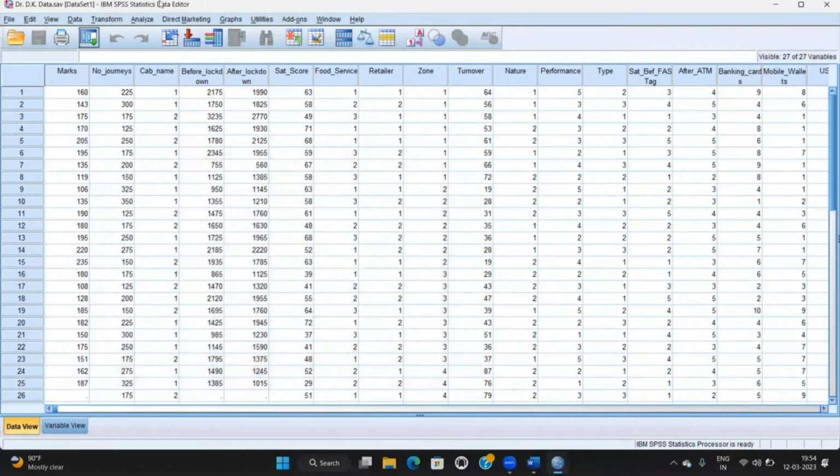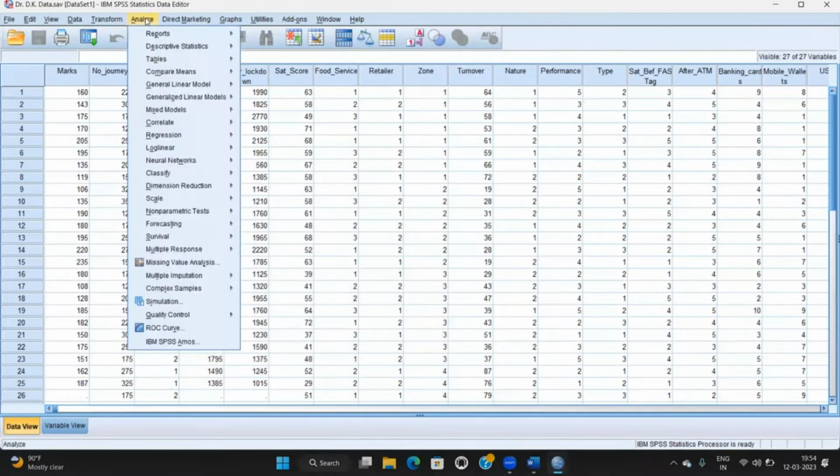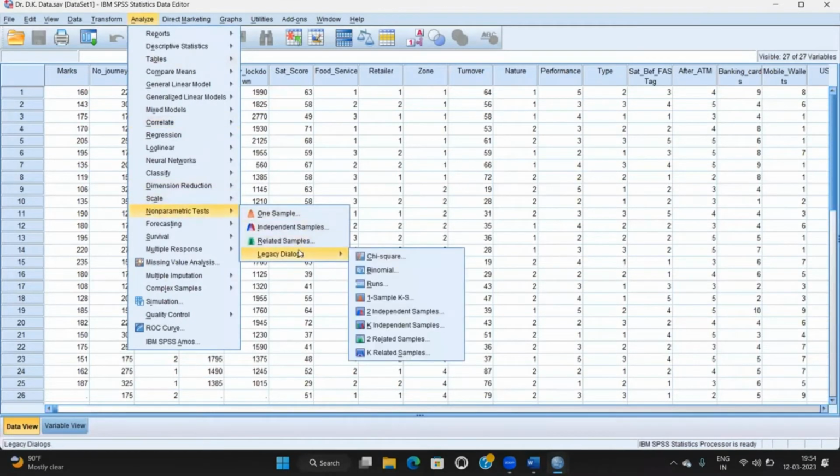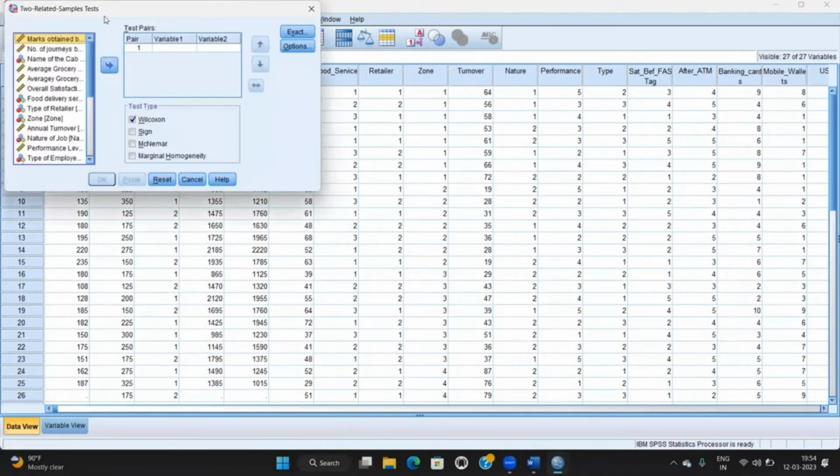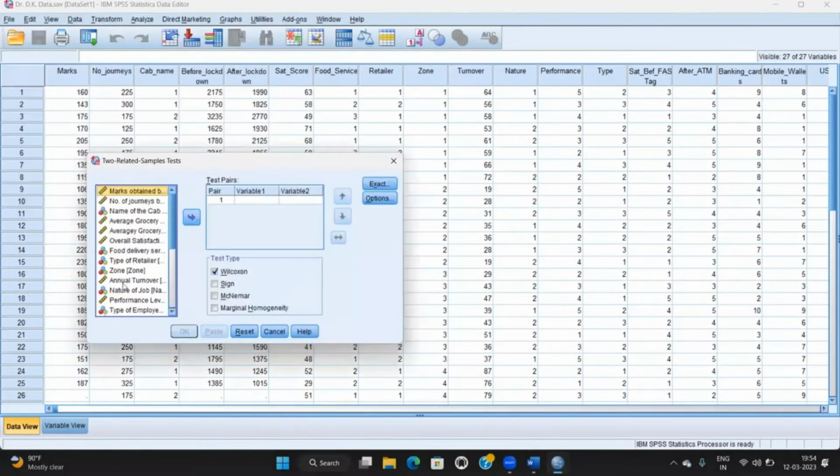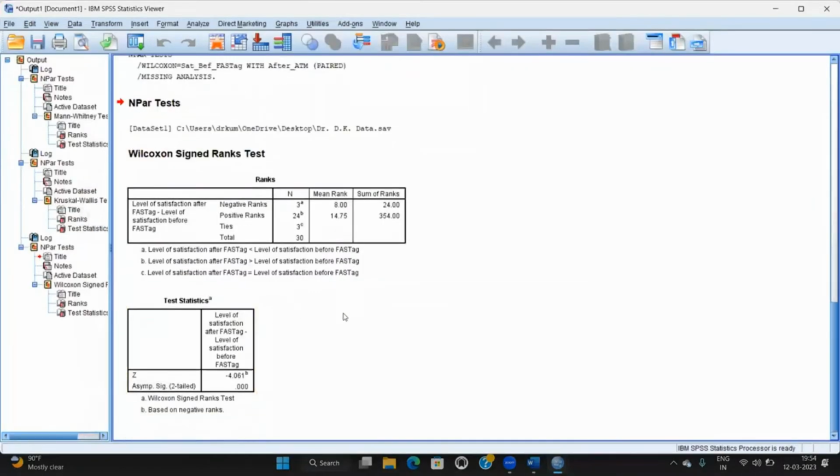Repeat: Analyze, Non-parametric tests, Legacy dialogs, 2 related samples. What are the related samples here? Satisfaction before FASTag and satisfaction after FASTag. Click OK. So these are the results.